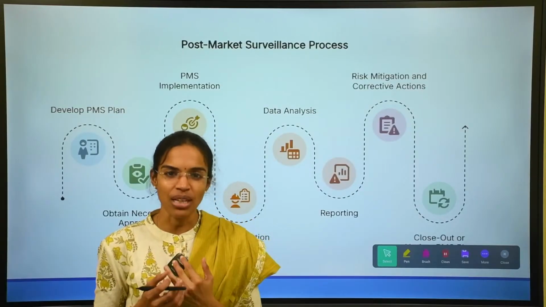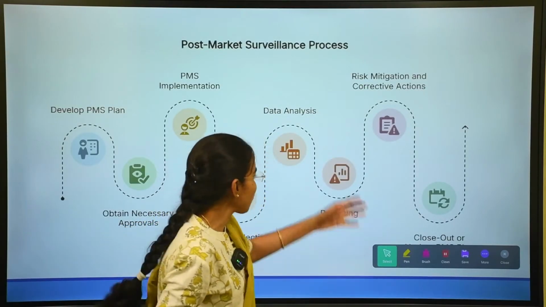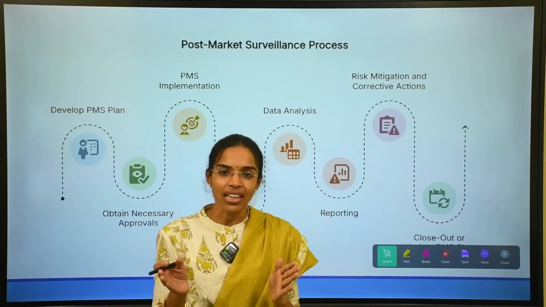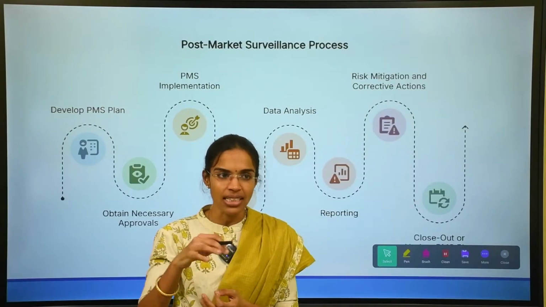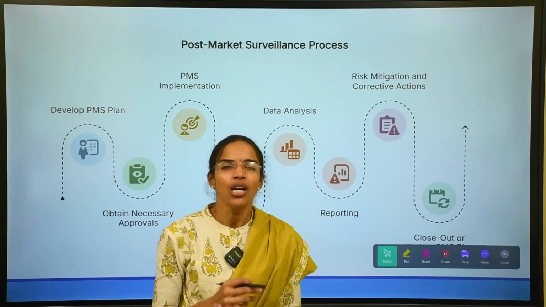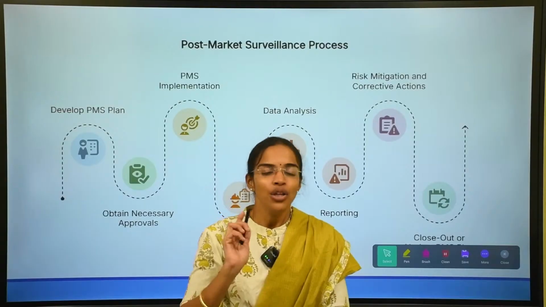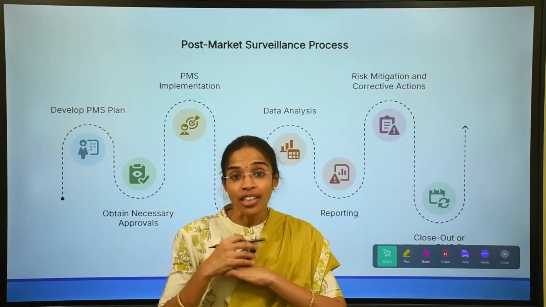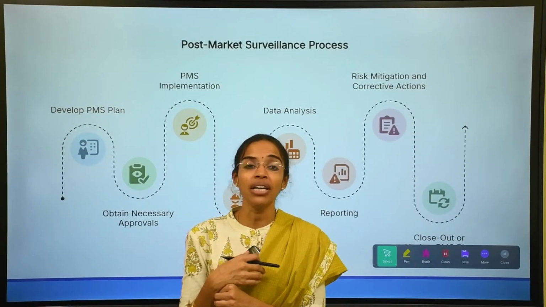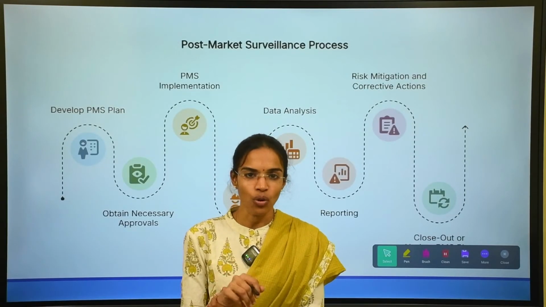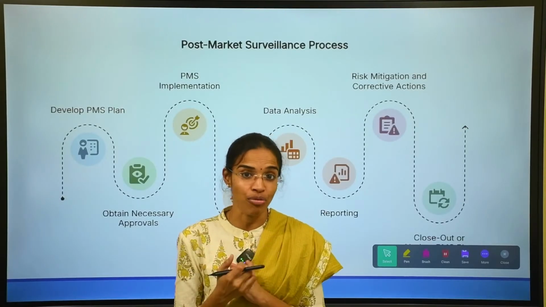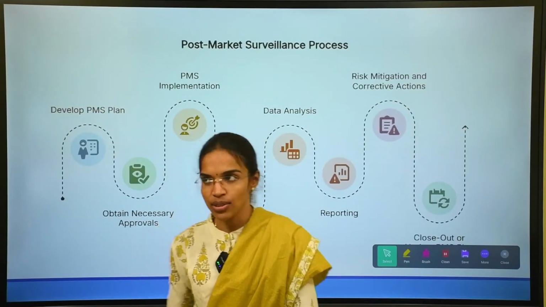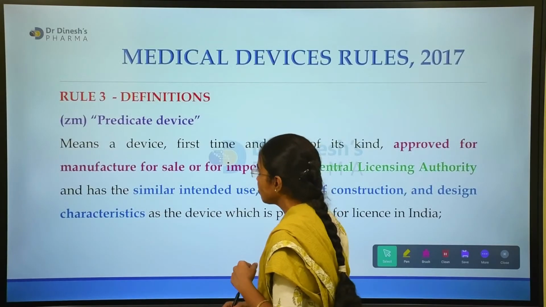If there are some risks, after data analysis and reporting we get a clear picture whether there is any risk in continuing this in the market. So post-marketing surveillance is performed to establish whether the product has to be continued in the market or recalled from the market. Here again come the concepts of recall and continuation of the product in the market. That is about post-marketing surveillance.